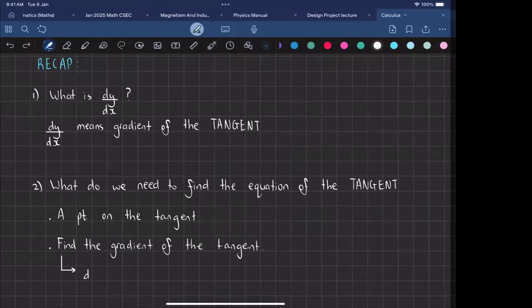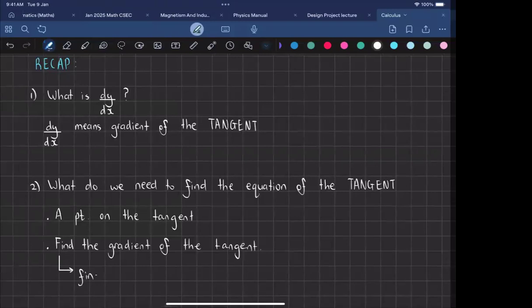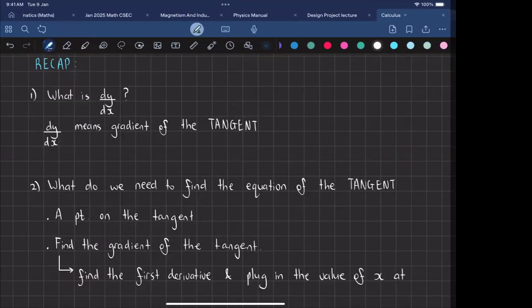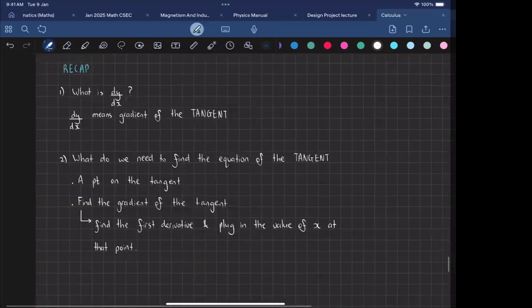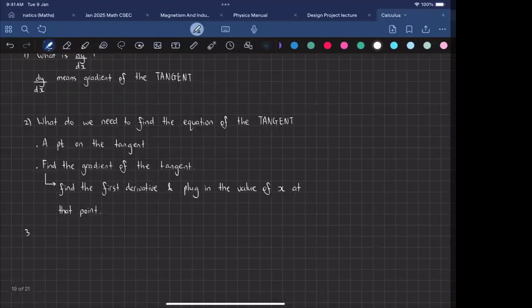You're gonna find the first derivative. So find the first derivative and plug in the value of x at that point. Right.